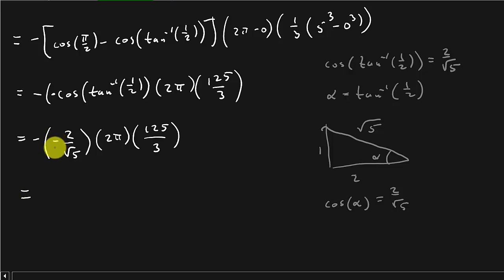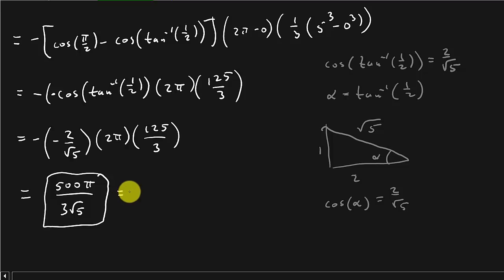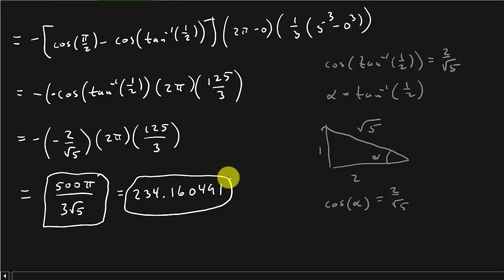When you multiply all that out, you're going to get 500 pi over 3 square root of 5. And that is your answer. And if you punch that in your calculator, you'll get 234.160491. Okay? So either one, if you have to give an exact answer or if you have to plug it into your calculator, well, you got both of them there.